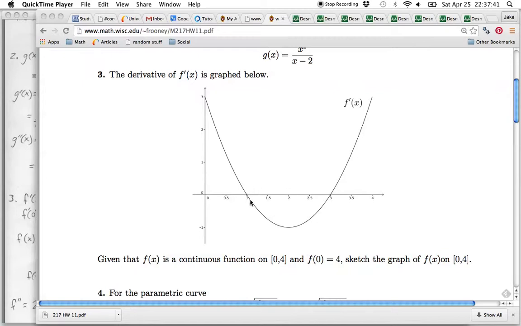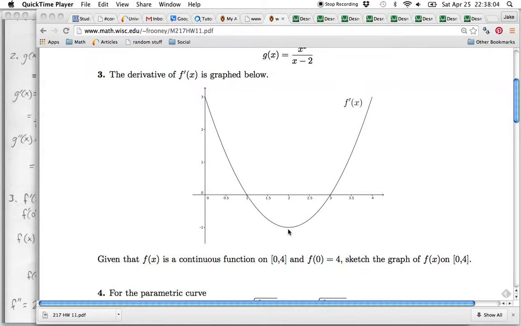So a few things we can see that we have are zeros at 1 and 3 of this situation. So that's where our local max or mins are going to be, right? At 1 and 3. And then we can develop pretty easily an equation for this, and we can do it a couple different ways.